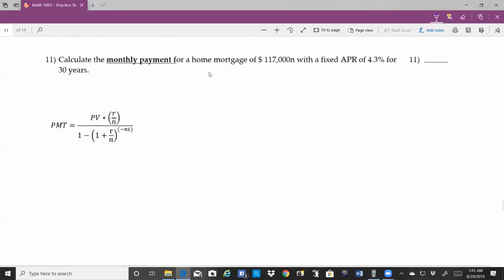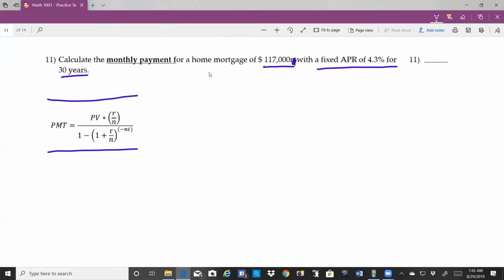Now I want to calculate payments. Calculate the monthly payment for a home mortgage of $117,000. Just ignore the N here. That's a typo. With a fixed APR of 4.3% for 30 years. Here the formula is given.